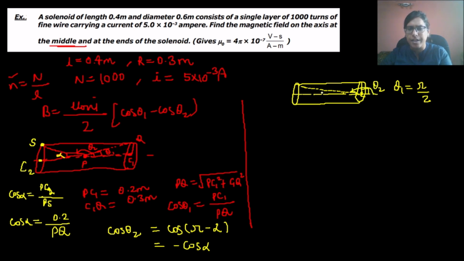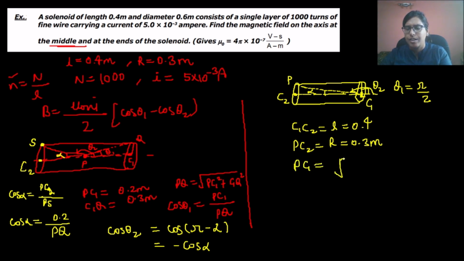So suppose again this angle is alpha, right? And suppose this is C1, this is P and this point is C2. Now C1C2 is length of the solenoid, PC2 is radius. So PC1 will be square root of C1C2 square plus PC2 square.